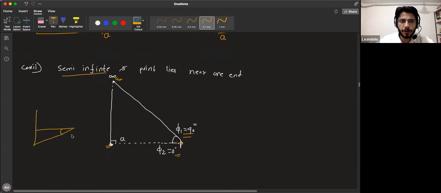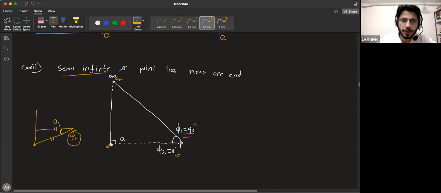The angle phi 2 is in between two lines. One line is the line of perpendicular distance. The other line is the line which is connecting the end to this point. The angle between these two lines is phi 2. Now what happens if these two lines coincide?